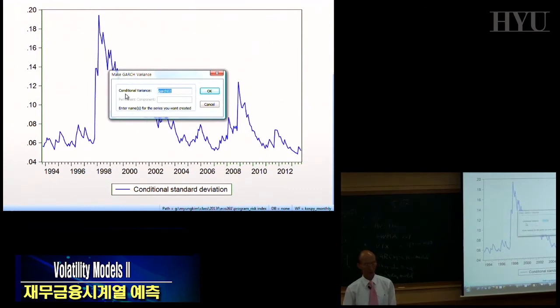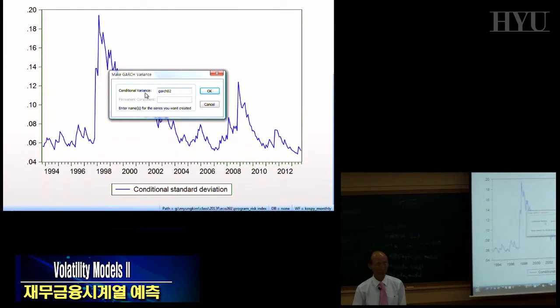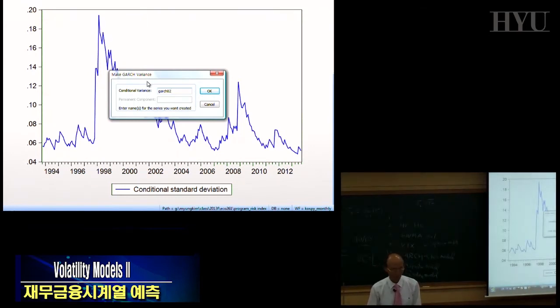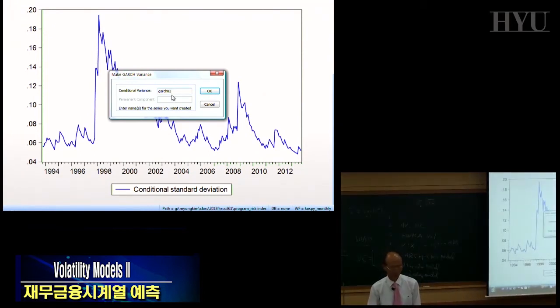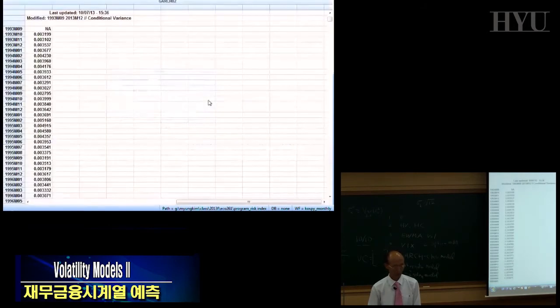Then it'll ask what should be the name for the conditional variance, sigma t squared. Default name is GARCH01 or GARCH02. Let's say this one is GARCH02. Save it. And this is GARCH02, the conditional variance, right?